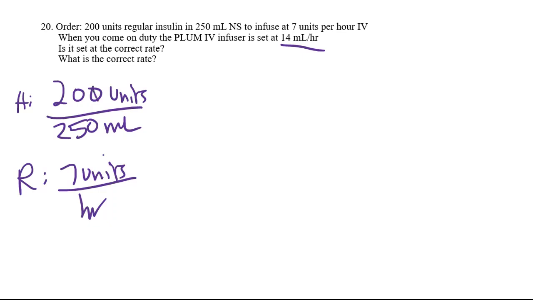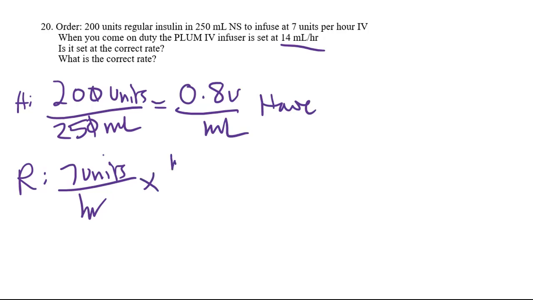And so let's look at that question. Okay, we got 200 over 250, which is 4/5, which is 0.8 units per mL. Okay, so that's what you have in the bag. It's running at 7 units per hour. So let's do this and flip it, and we'll say mLs over 0.8 units.